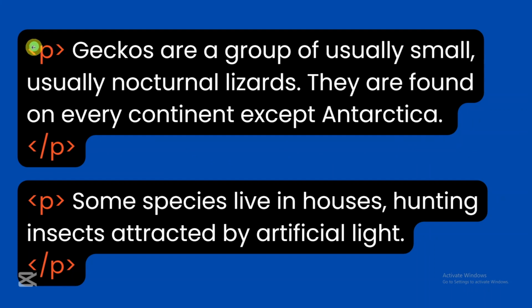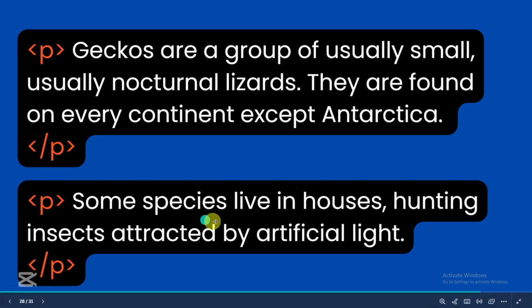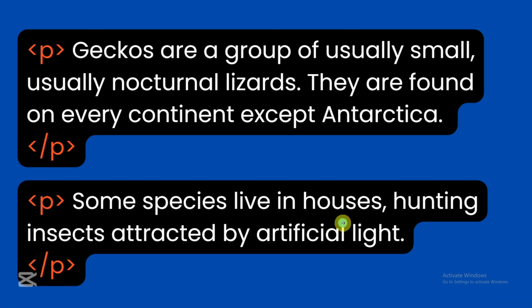So we have the opening p tag, the closing p tag, then we have this block of text to display. The second block of text is also wrapped in its own p tag. So you have your opening p tag, closing p tag, and the block of text to be displayed.